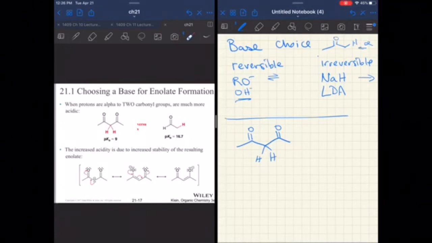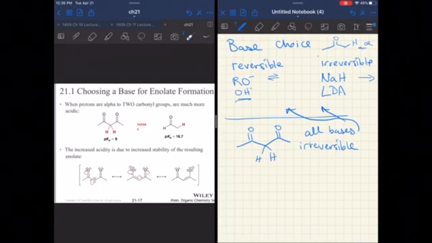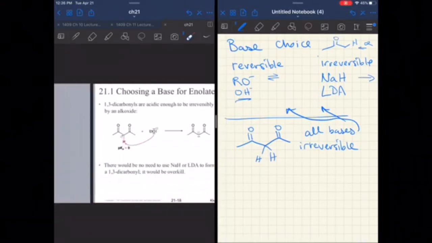Once you remove one of those protons, you can share that negative charge on the carbon and on both oxygens. More resonance structures, more stability. The more stable it is, the stronger it was as an acid. So all of these bases up here are going to be irreversible when it comes to an alpha proton between two carbonyls. That will show up in another reaction towards the end of this chapter.